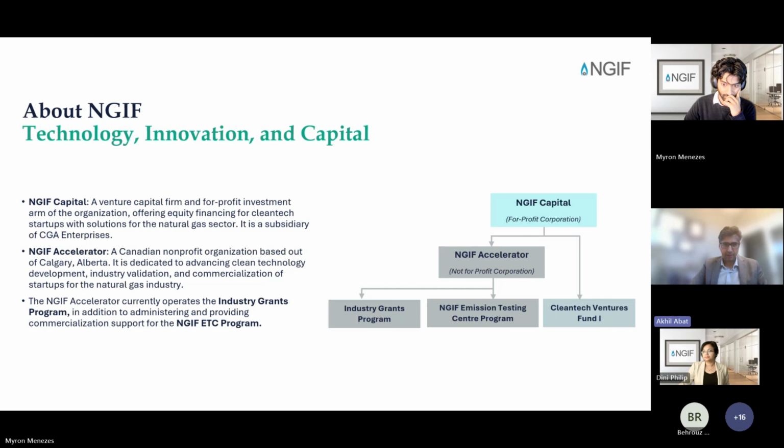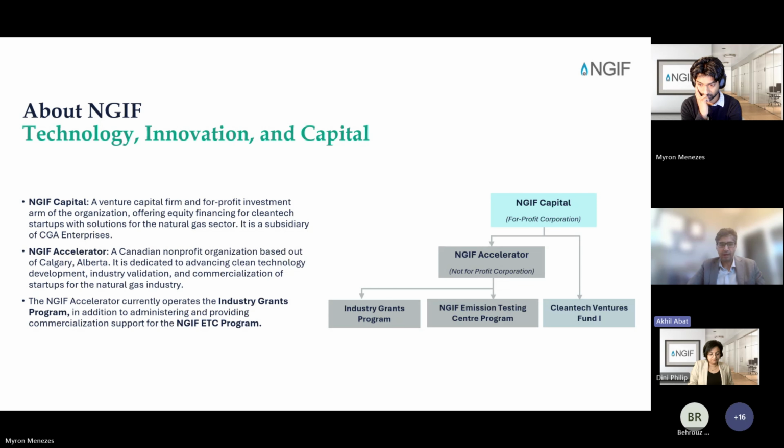Okay, now a little bit on NGIF itself. NGIF's mandate is to reduce emissions for the gas industry and help improve the economic performance. And we do this through a couple of ways. We have a for-profit venture capital firm, NGIF Capital, that offers equity financing for clean tech startups in the natural gas sector.